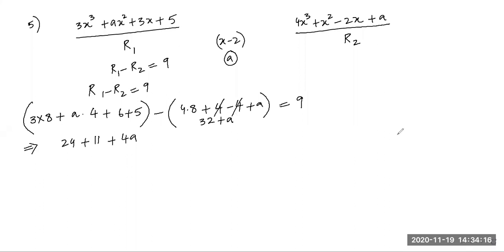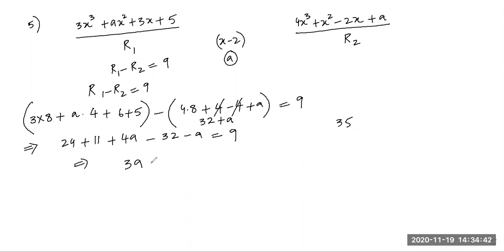A is equal to 2. So 24 plus 11 plus 4A, minus 32 and minus A is equal to 9. Am I right? So I can say 3A. Then 24 plus 11 is how much, students?